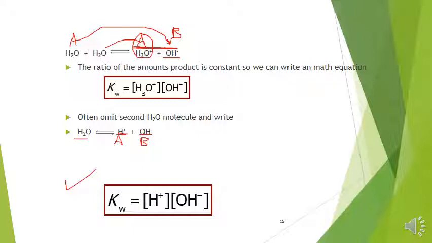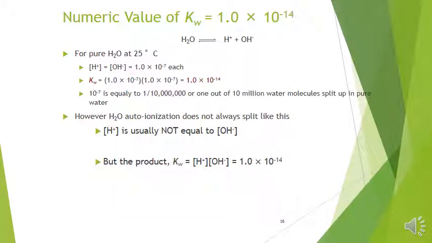You don't have to worry about that a lot, and you won't have to memorize it, but that's what it means. What we want to look at is the amount of acid and base that's formed in water.